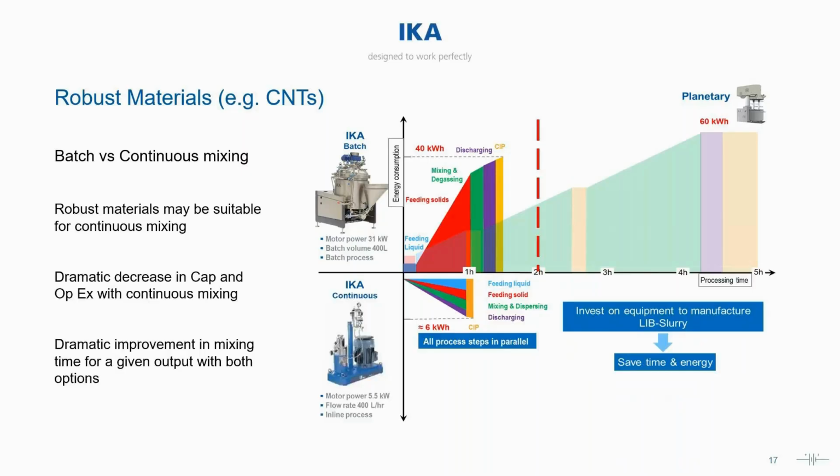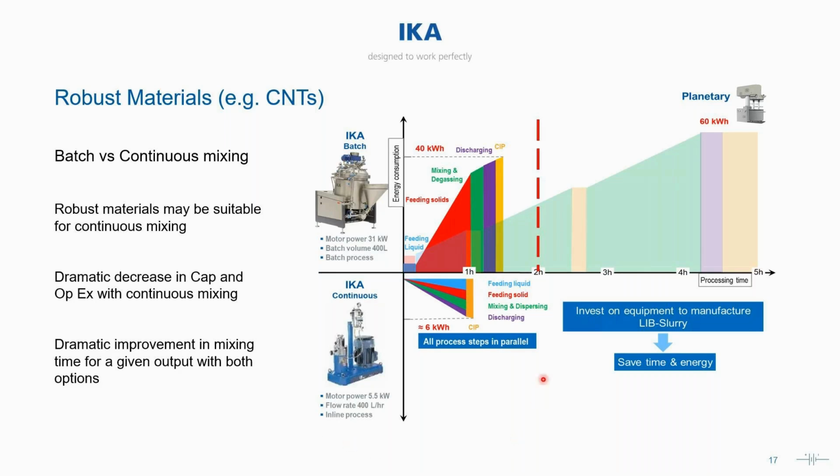And then the other end of the spectrum, let's talk about if you have a really robust material. For example, some of the advantage of these carbon nanotubes is their mechanical strength, and that's wonderful. When you have a really robust material, I would highly consider potentially moving away from a batch process altogether and looking towards continuous mixing. The advantages from continuous mixing are fairly obvious.